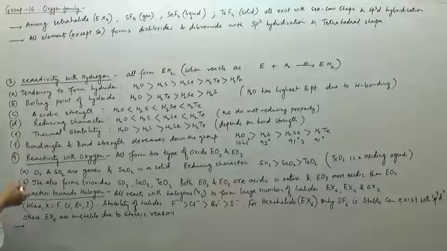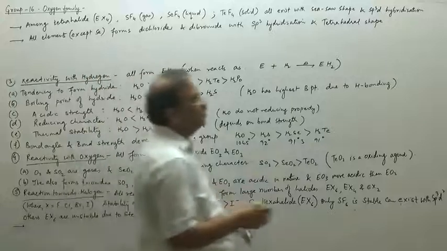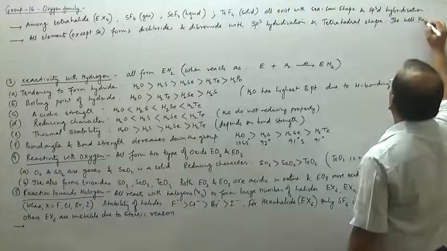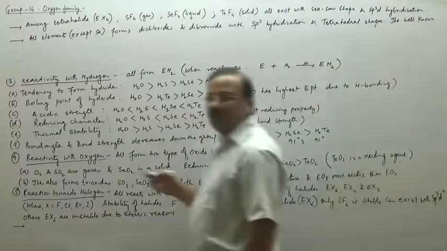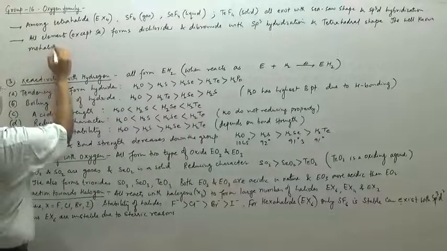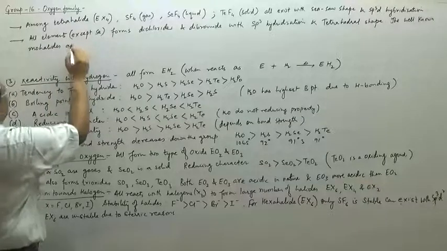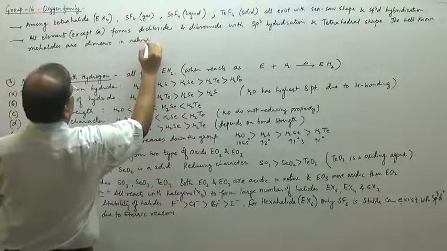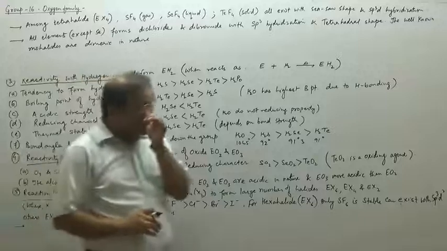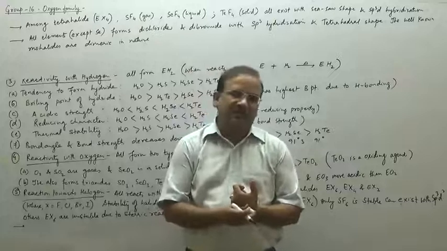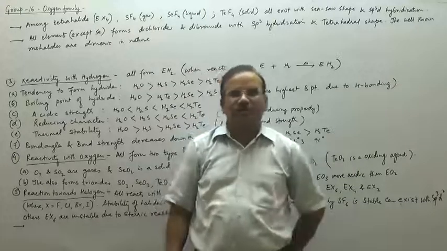For example, the well-known monohalides are dimeric in nature. So they exist as dichlorides, that is OCl2, SCl2, like that, and dibromides, SBr2.